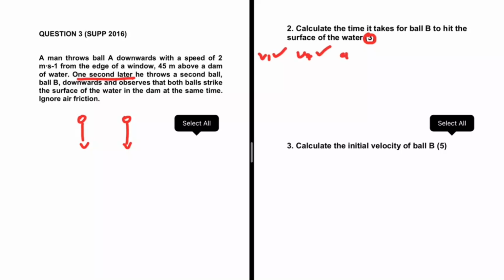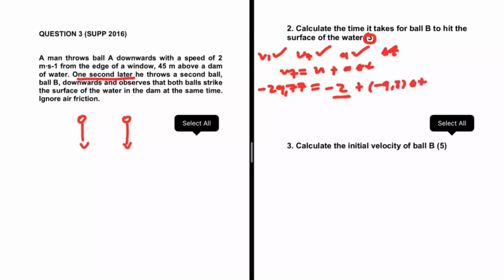We know what the acceleration is. We can go ahead and find the time for ball A. So to find the time for ball A, we're going to have VF equals VI plus a delta T. Ball A strikes the ground with a velocity of minus 29.77, and it was thrown with an initial velocity of minus 2 plus the acceleration, minus 9.8, multiplied by the time.